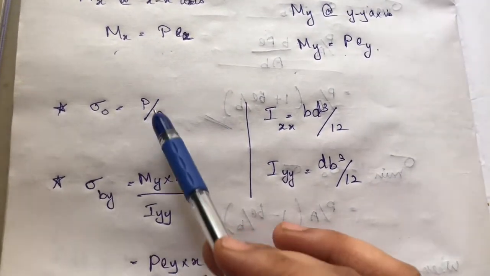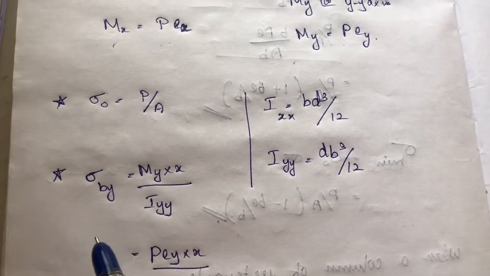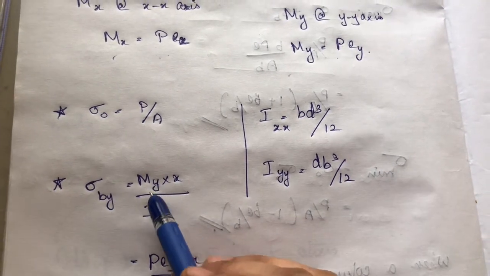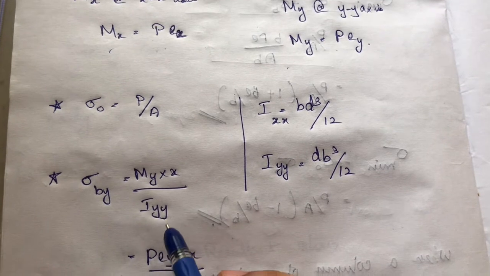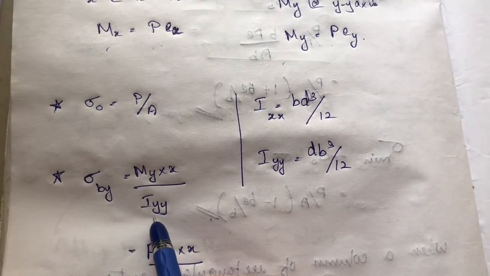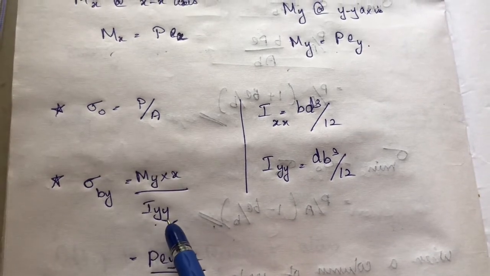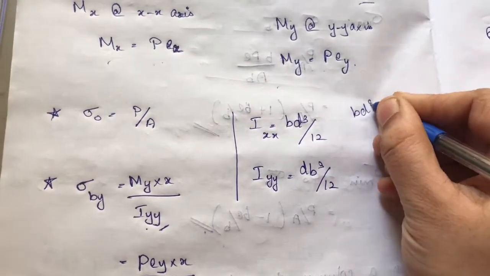Okay, so the first thing, direct stress will be P by A, right? Then what about bending stress? Bending stress sigma BY will be equal to MY into x distance divided by Iyy. Here I is nothing but the moment of inertia about the YY axis. So it will be here, normally BD cubed by 12.